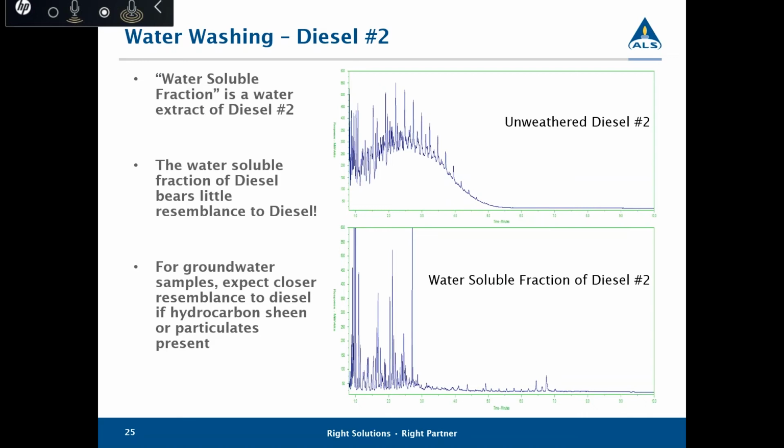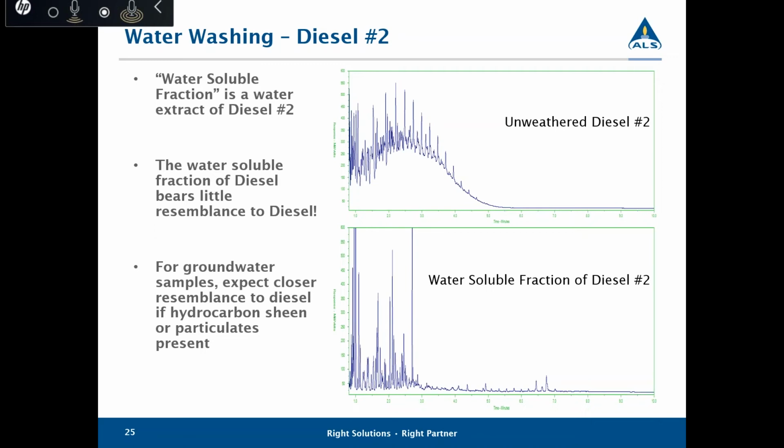So pure diesel was shaken with water one time, and the water was then analyzed to see what components wash out. In the pure diesel product, you can see a large unresolved complex mixture and a lot of discrete peaks, alkanes and isoprenoids, which will dominate. In the water-soluble fraction, the UCM is basically gone. Why? Because it's largely water insoluble, so it didn't wash out into the water.